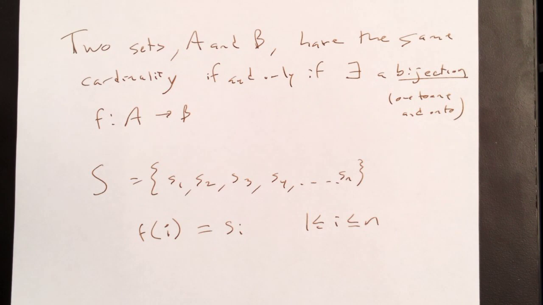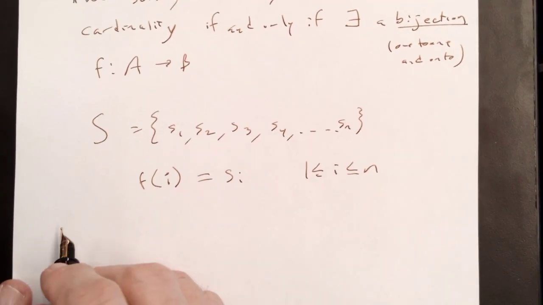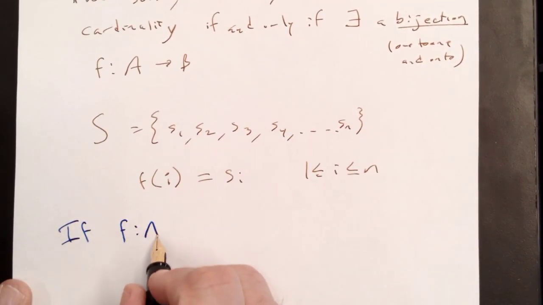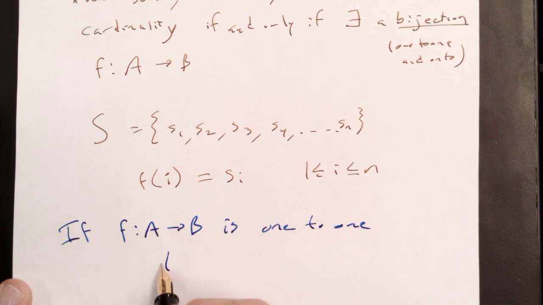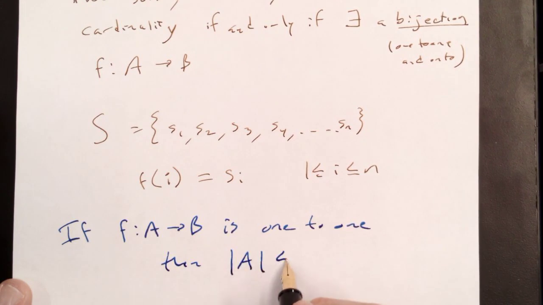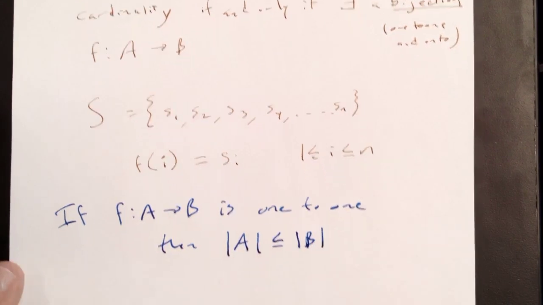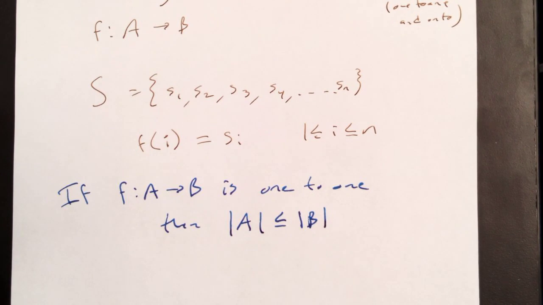If I have set A and set B, and the map from A to B is 1 to 1, then I know the set B can't be any smaller than the set A. Because I could miss something in the set B. I didn't talk about onto, but I definitely hit in a one-to-one way.